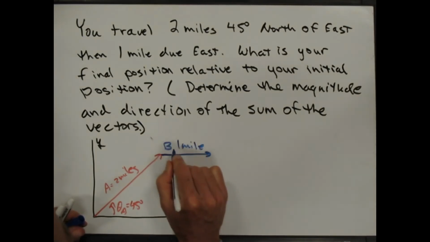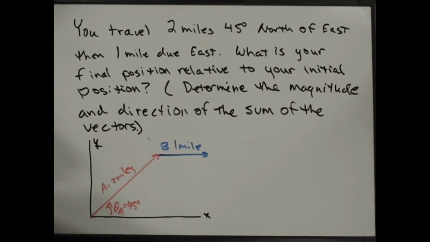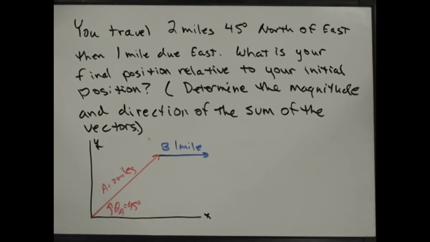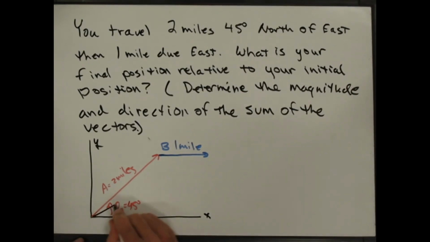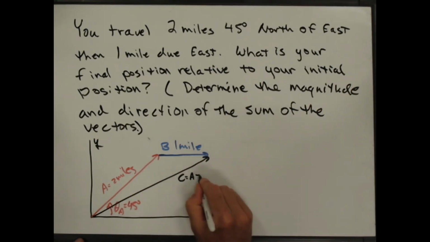And that's B, right? And so what I want to know at this point is what is the vector C? I guess I'll just draw it in black. That goes from here to here. C equals A plus B. Right?